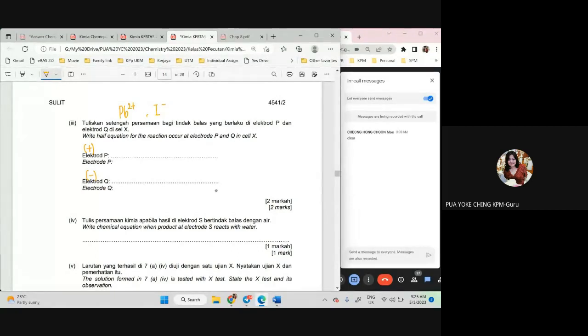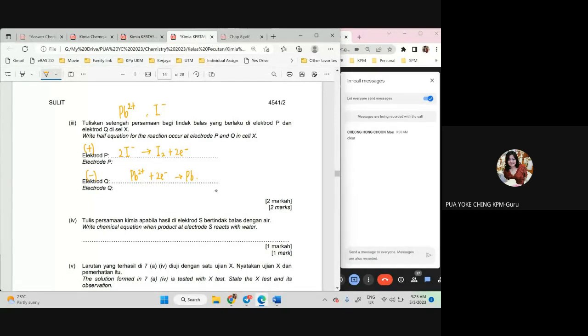So, positive akan attract negative, which is I minus. So, 2I minus become I2 plus 2e minus. Negative akan attract Pb2+. So, Pb2+ plus 2e minus produce Pb.